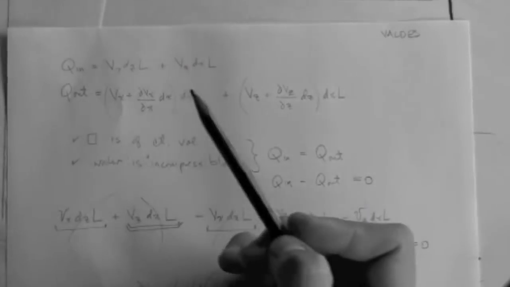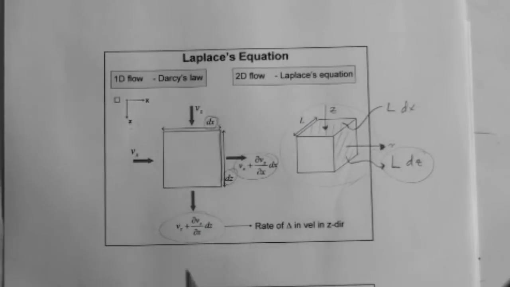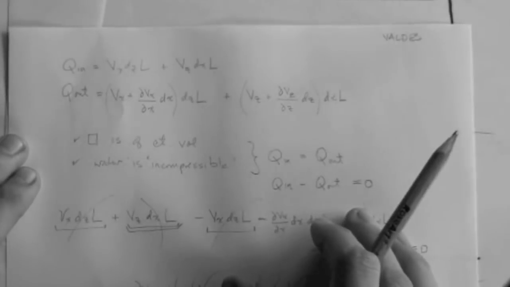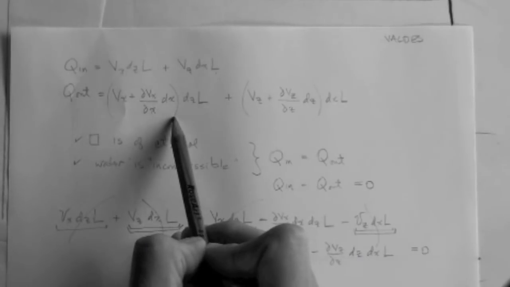Now, Q out. Q out is associated to the velocities coming out. In the x direction, the velocity of the fluid coming out of the point or element is given by this term here.